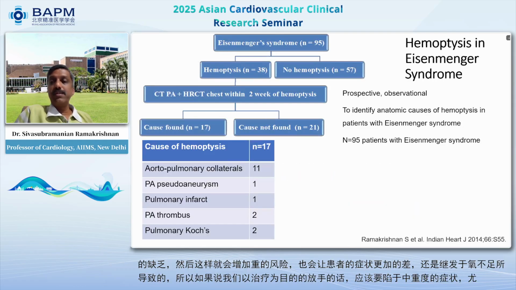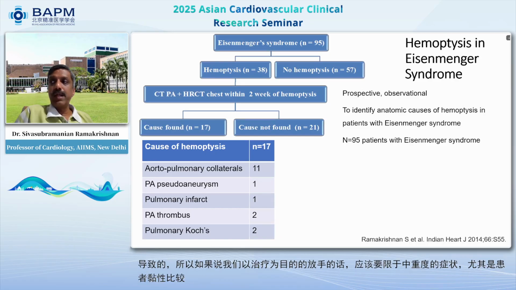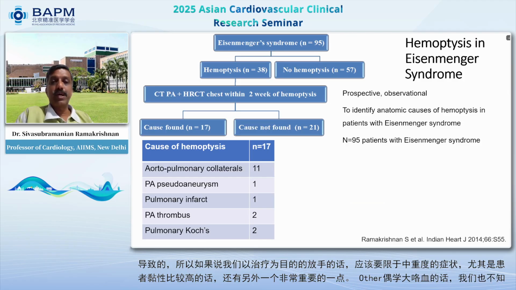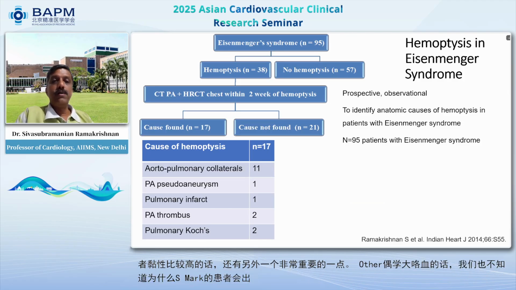Another important problem that we all encounter in Eisenmenger syndrome management is the occurrence of hemoptysis. We don't know the reason for hemoptysis. This is a systematic study that we performed in around 95 patients with Eisenmenger syndrome, out of whom 38 had hemoptysis and no hemoptysis was there in 57 patients.